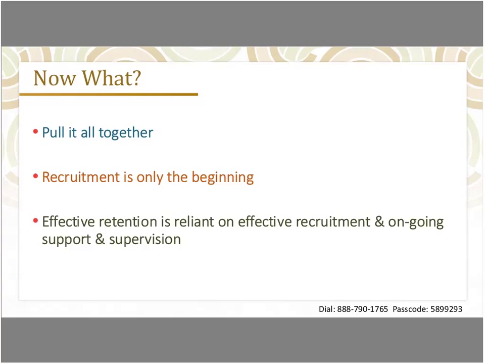All of this is important for the recruitment process, thinking it through in advance so that you can have an effective process throughout. So, again, the way you start out is the way you end up.